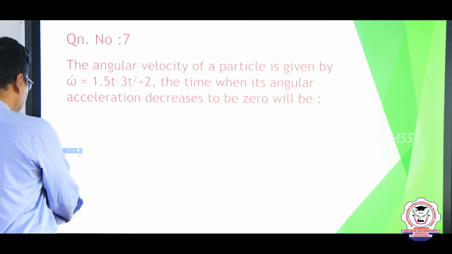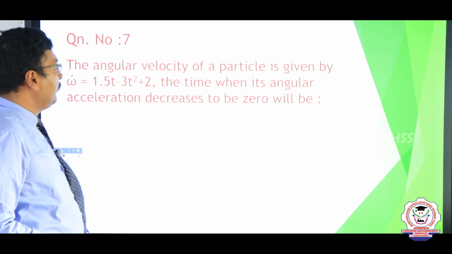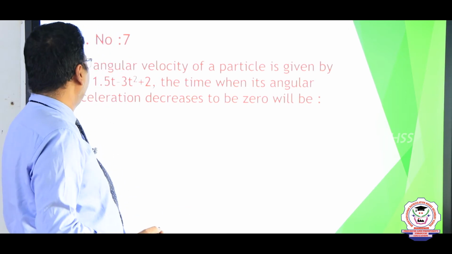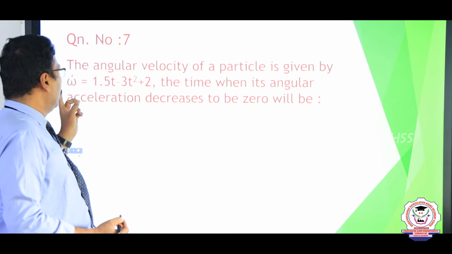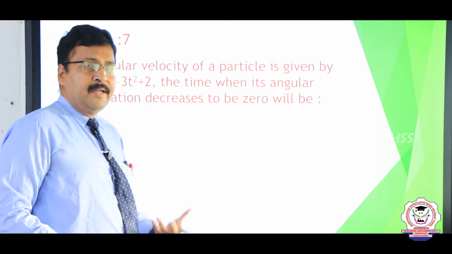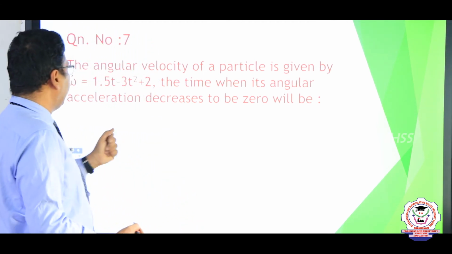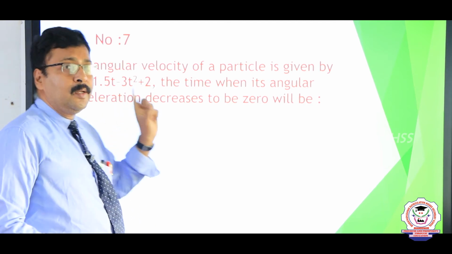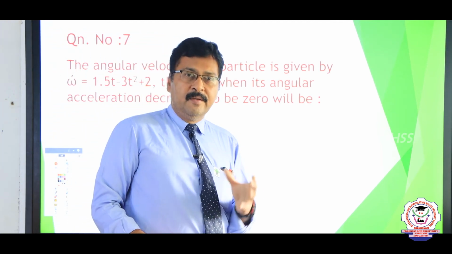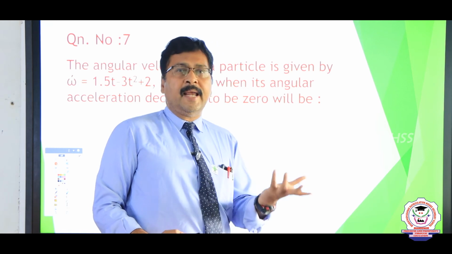Yes. So in this problem, the angular velocity of a particle is given by omega is equal to 1.5 t minus 3 t square plus 2. Very simple, the answer is very easy. You have to find out the angular acceleration. So how will you find out the angular acceleration? If you differentiate the angular velocity with time, you will get angular acceleration.